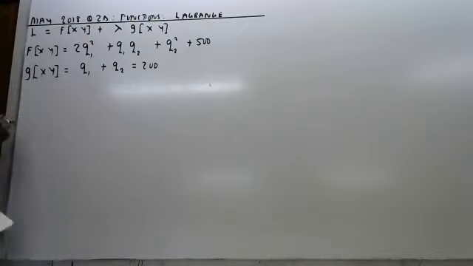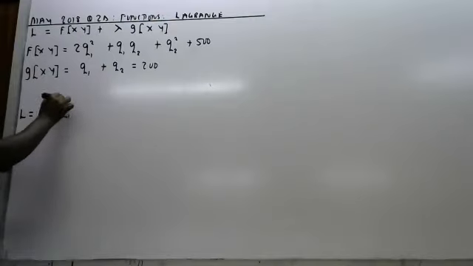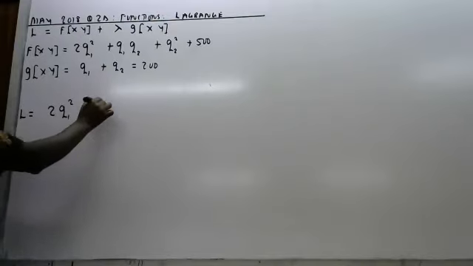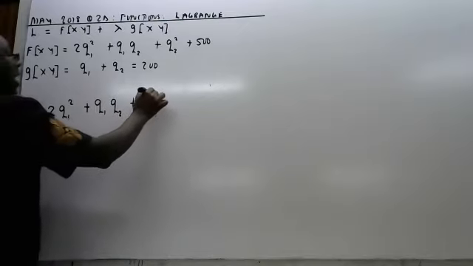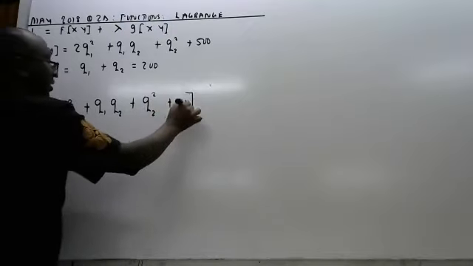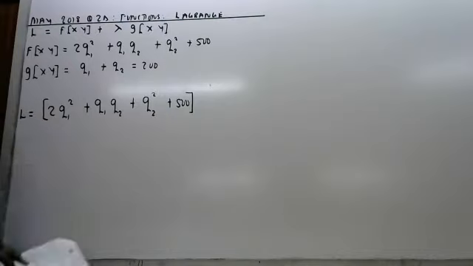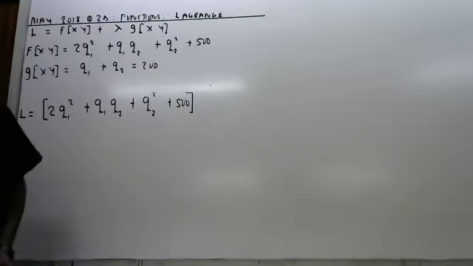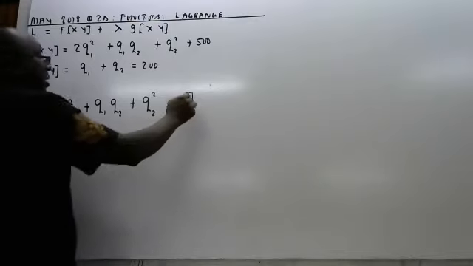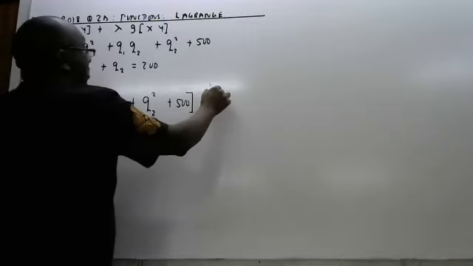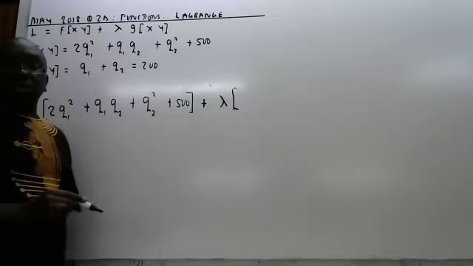So proceeding now, you will say that L is equal to 2q1 squared plus q1 q2 plus q2 squared plus 500. That is the function f of xy. Now plus lambda, you now bring g of xy.